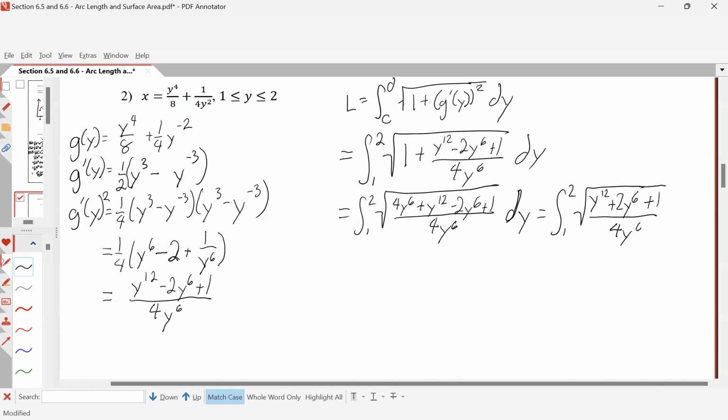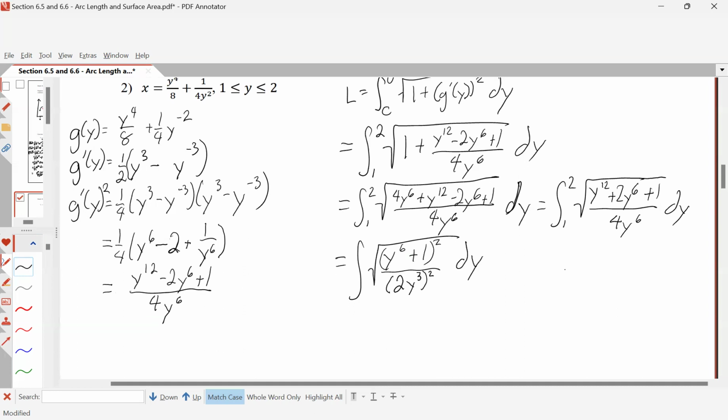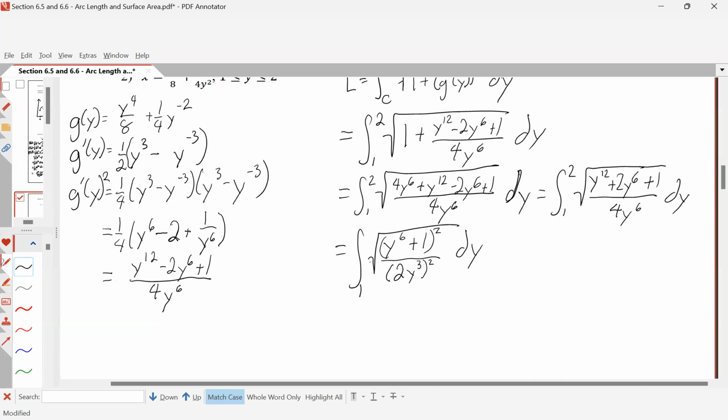That makes our numerator a perfect square trinomial that factors into y to the 6th plus 1 squared, all over that denominator, which is 2y cubed squared, from 1 to 2.